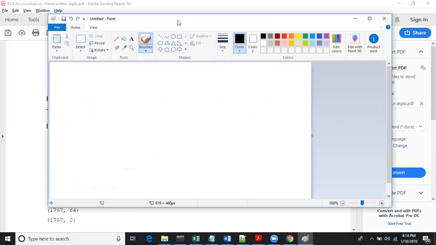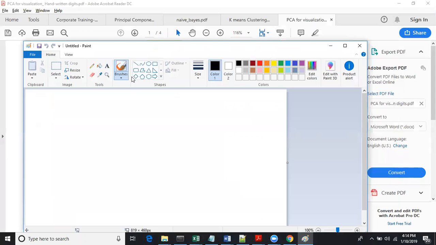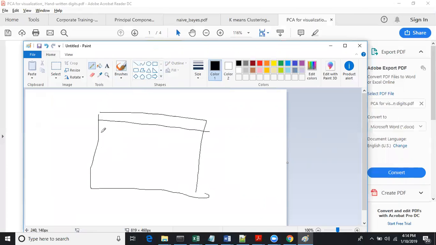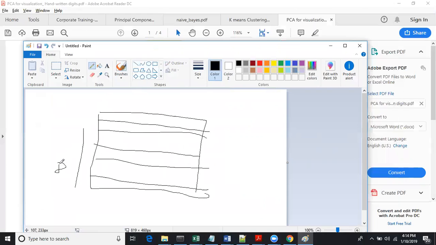I'm not sure if that is clear. Let's say this is a matrix. Matrix created, and this is row 1, row 2, 3, 4, and 5. Let's say there are 8 here, 8, and this way also 8. So that means like this, correct?